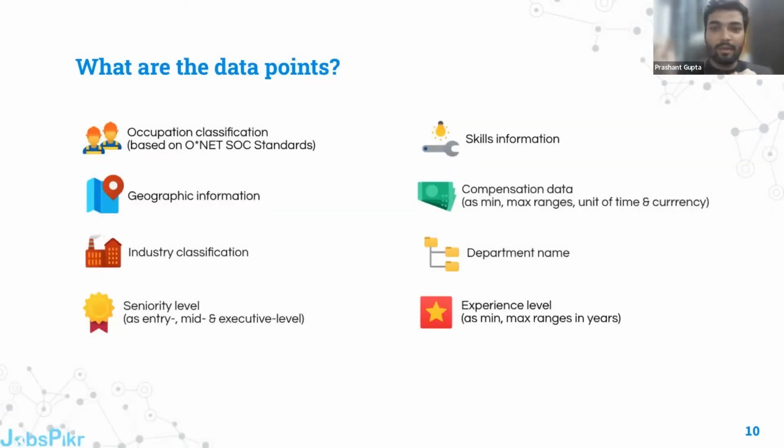If we look at what the data points are, the very first is always the job title itself for any job advertisement. But most of the time, this job title is available in various formats. So to simplify and standardize, we use occupation classification based on O*NET SOC, which is a US standard.